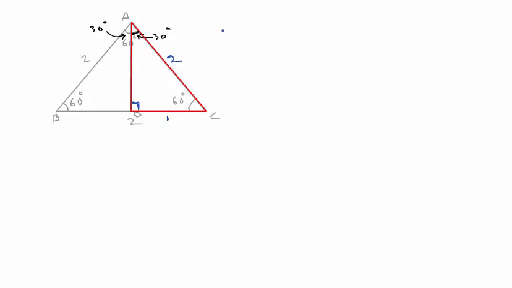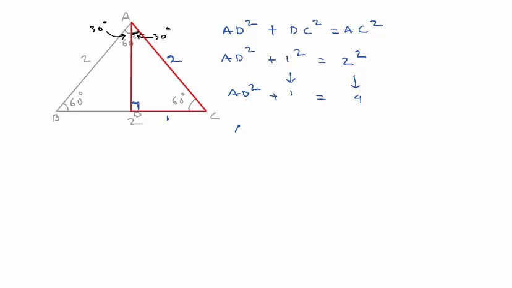So we could say that AD square plus DC square must be equal to AC square, or AD square plus 1 square is equal to 2 square. Now 1 square is 1 and 2 square is 4. So AD square plus 1 is equal to 4, therefore AD square must be equal to 4 minus 1, which is 3, and therefore AD is the square root of 3.